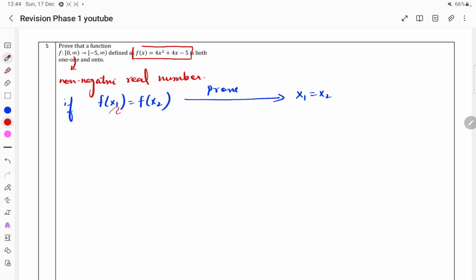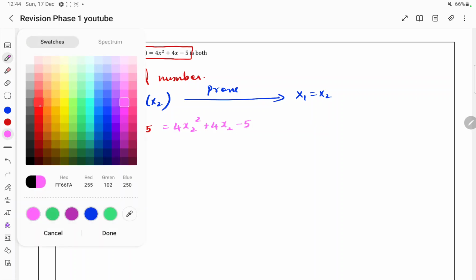So first we will start with f of x1 equal to f of x2, which means wherever x we have to put x1. So 4x1 square plus 4x1 minus 5 equal to 4x2 square plus 4x2 minus 5.